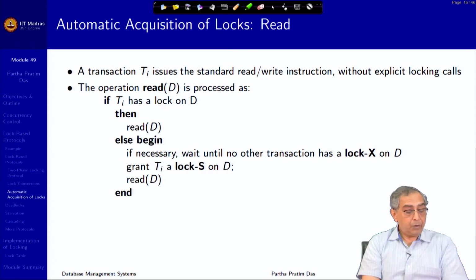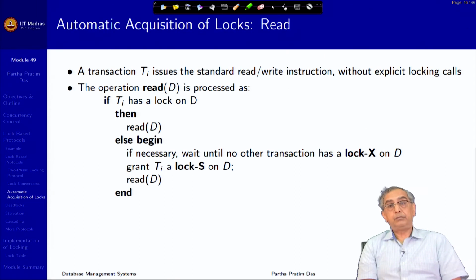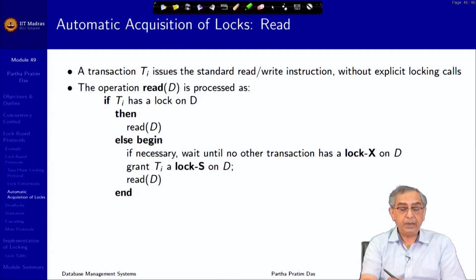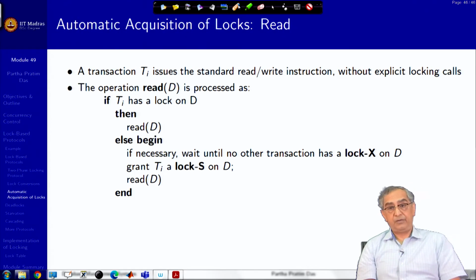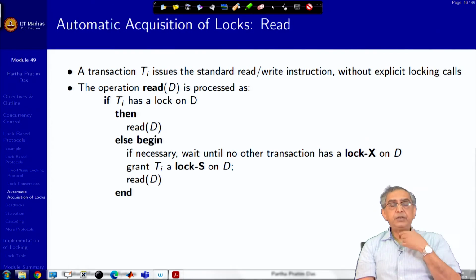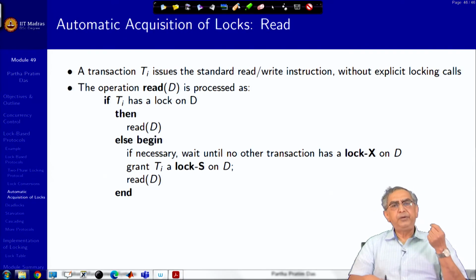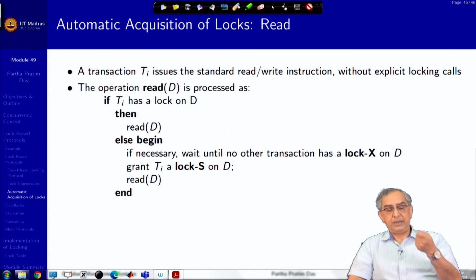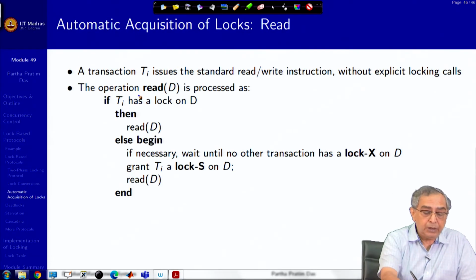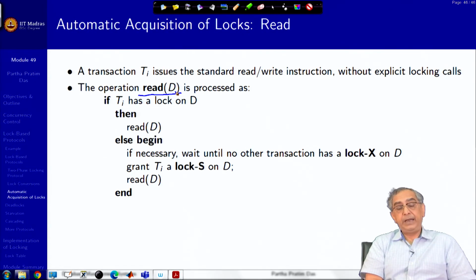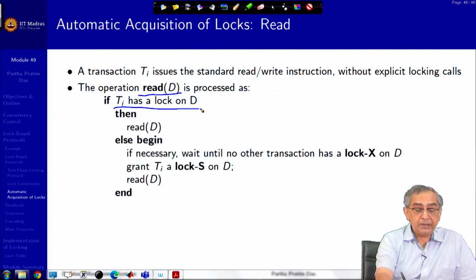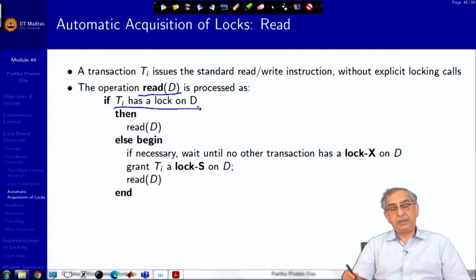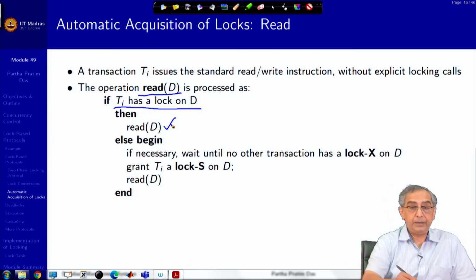So, another alternative that many systems actually support the programmer with is by automatic acquisition of locks. Because if you have to read, then you need a shared lock. So, why do you tell the programmer to get it? You can just get that. So, the operation says that read will be, if the transaction has a lock on this item, then read it.